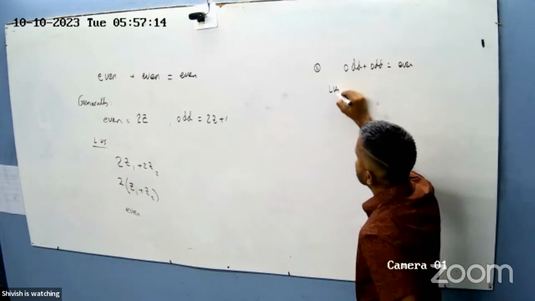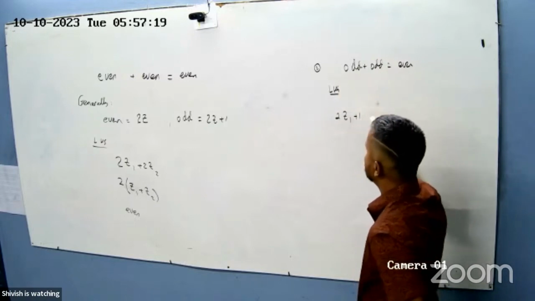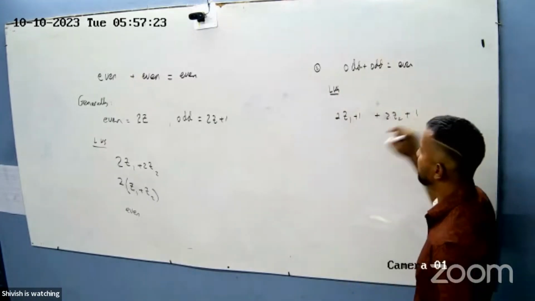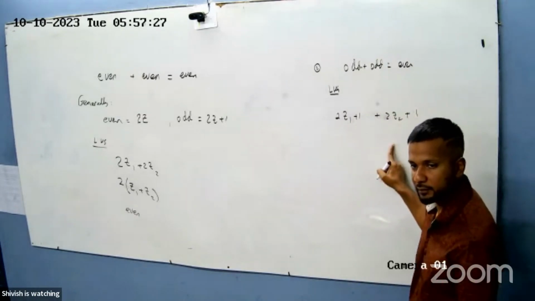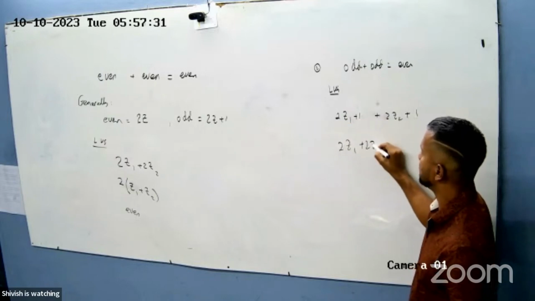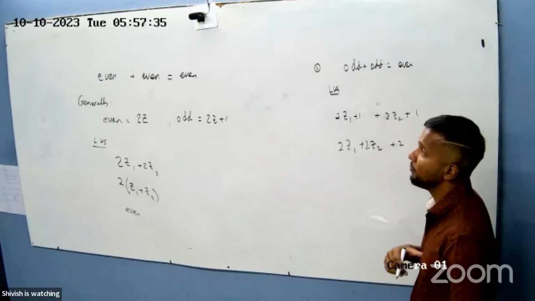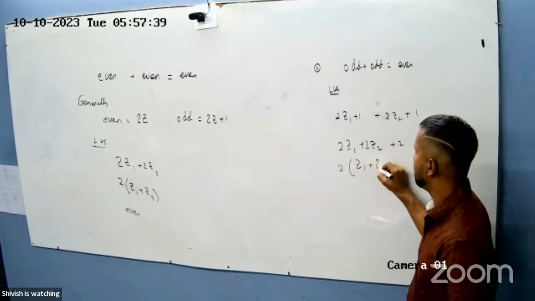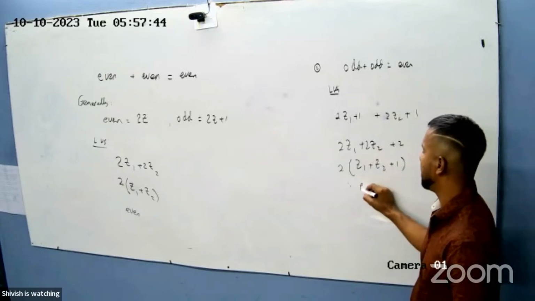So take the left hand side. An odd number would be what? 2z1 plus 1 plus 2z2 plus 1. The reason I'm using z1 and z2 is that they can be different numbers. Add it up, you will get 2z1 plus 2z2 plus 2, since 1 plus 1 is 2. And now I can factor out 2 and I will get 2 times z1 plus z2 plus 1. Once I can show this, it's even.